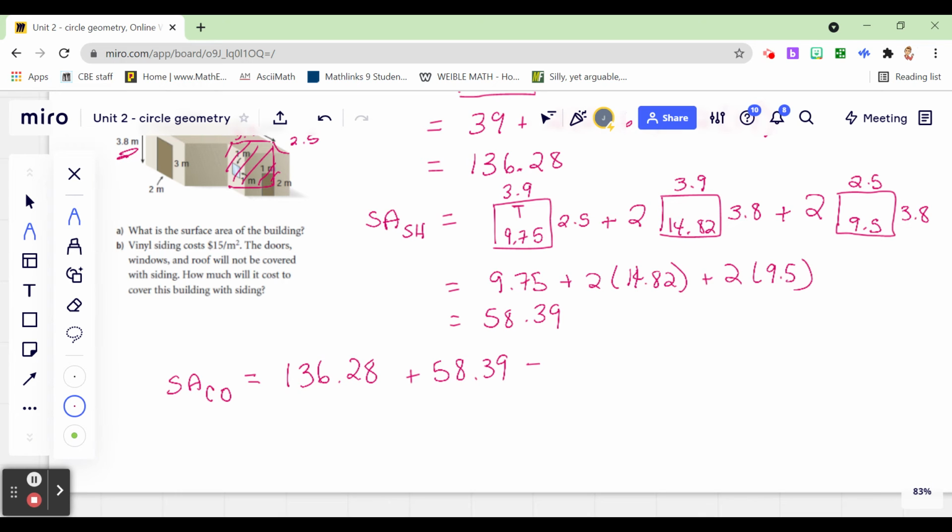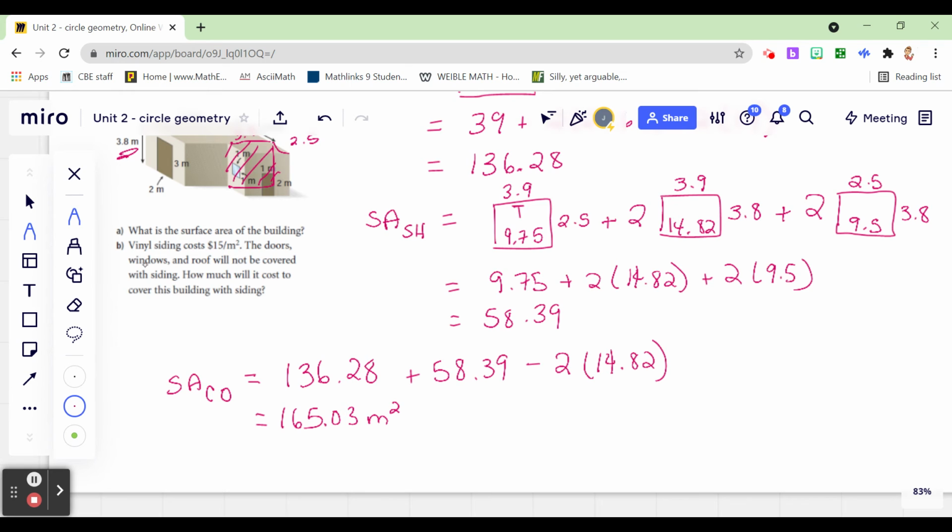So the other side of the shed, and there's going to be 2 of those, the one that's attached to the shed and the one that's attached to the main building. So I'm going to be subtracting 14.82, which ends up getting me 165.03. Okay, so that's great. And that is meters squared. So that's the answer to part A.